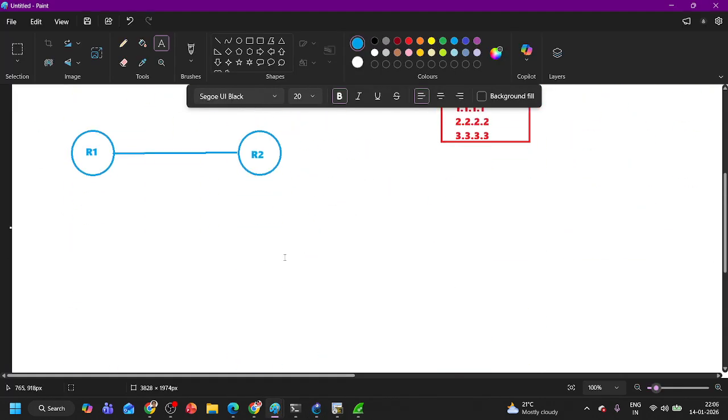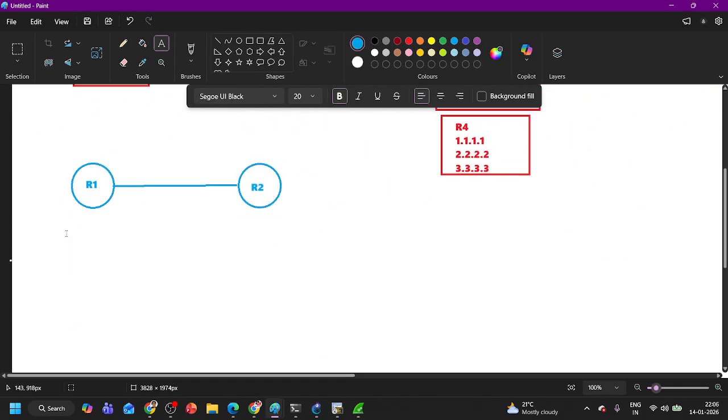So for DR and BDR election, what is the router first going to check? Priorities. Priority is an 8-bit value, and by default priority is 1.